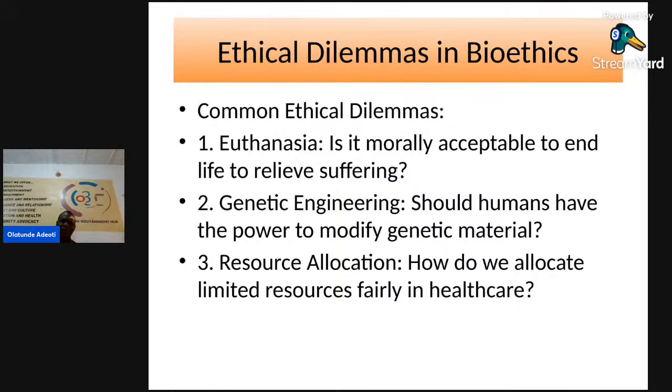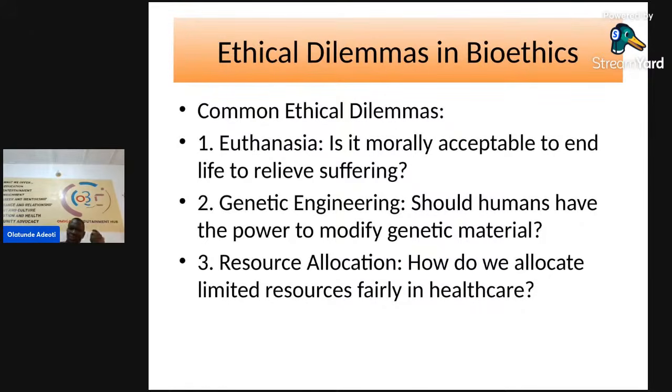Then the last one is resource allocation. In terms of resource allocation in health, how do we allocate limited resources fairly in healthcare? Under normal circumstances, some of us now say, of this type of drug, please take 20 to this community.